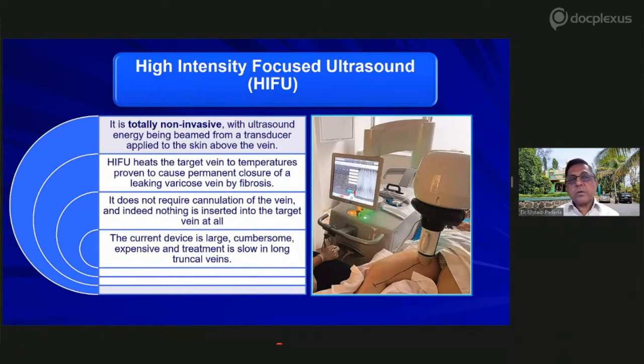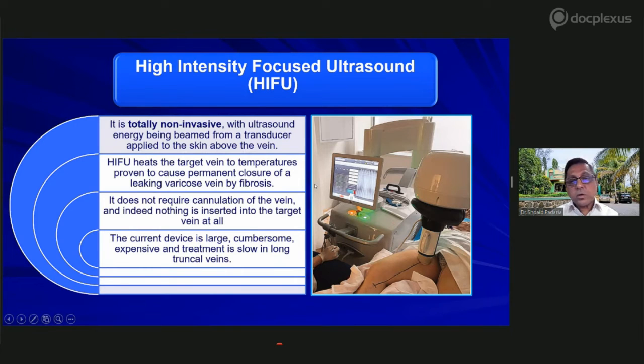The future, however, is this: high intensity focused ultrasound. You know that high intensity focused ultrasound is already used in various clinical areas, especially like uterine fibroids. It's also now used for varicose veins. It's a totally non-invasive procedure. You use this huge probe to generate ultrasound energy, which is highly focused, penetrates the skin, directly goes up to the target vein, and there it hits the target vein and causes a permanent closure.